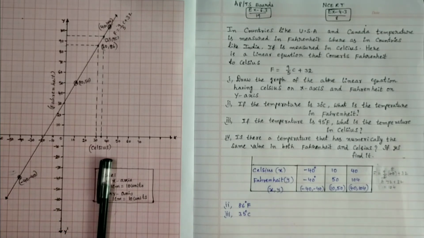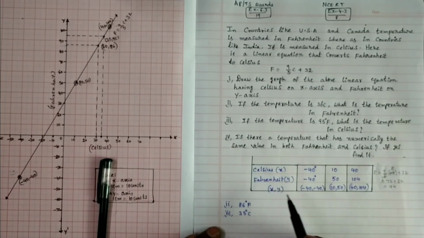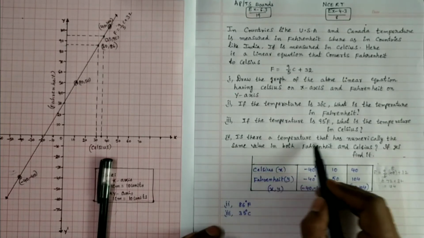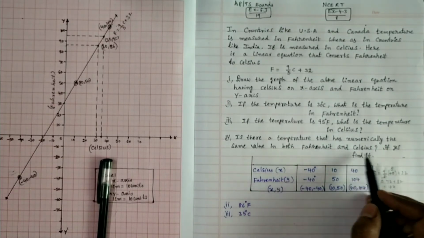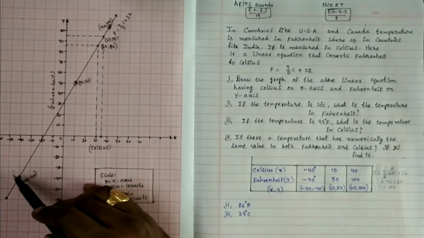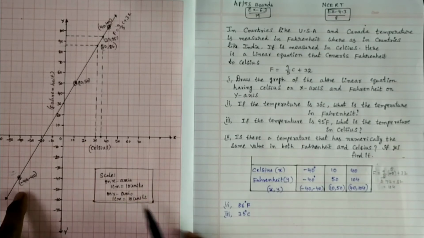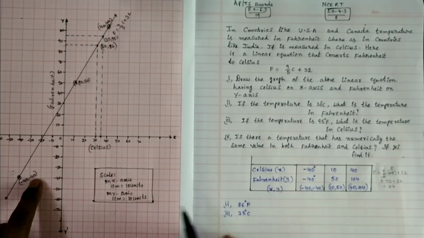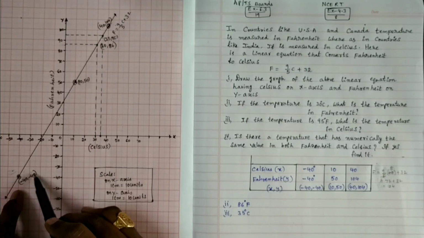And the fourth question is, is there a temperature that has numerically the same value in both Fahrenheit and Celsius? If yes, find it. By observing this graph, this point minus 40 comma minus 40. So minus 40 degrees Celsius equals minus 40 degrees Fahrenheit.